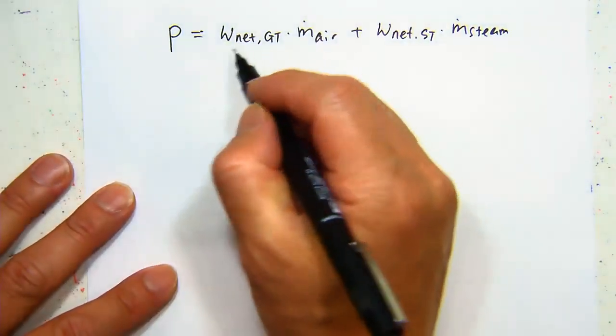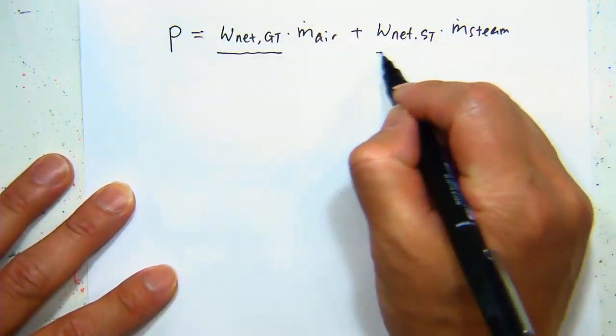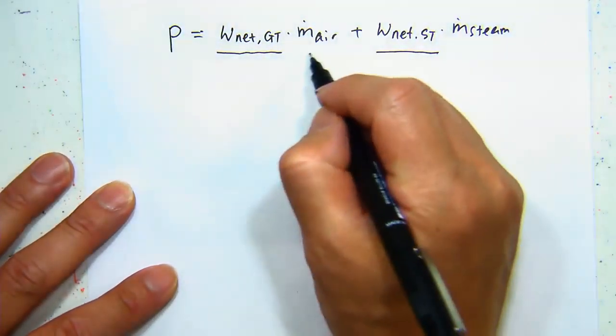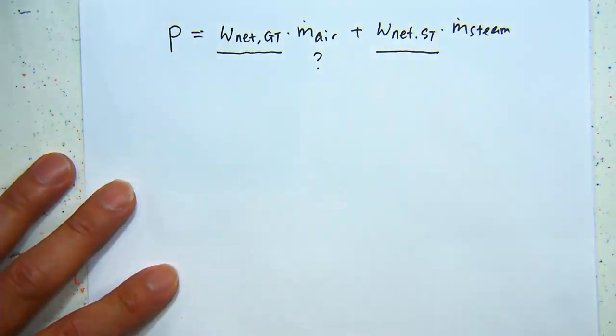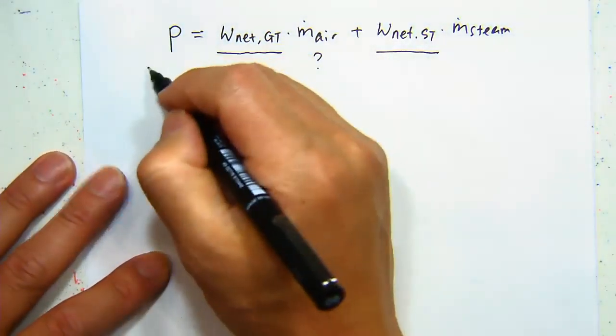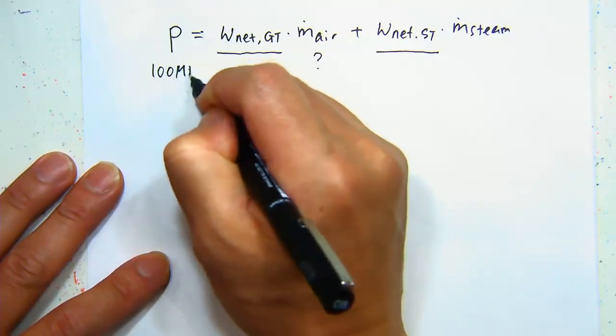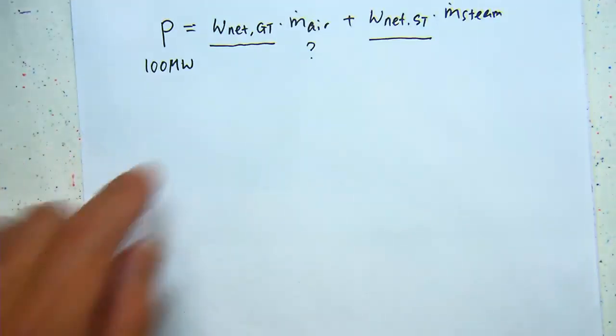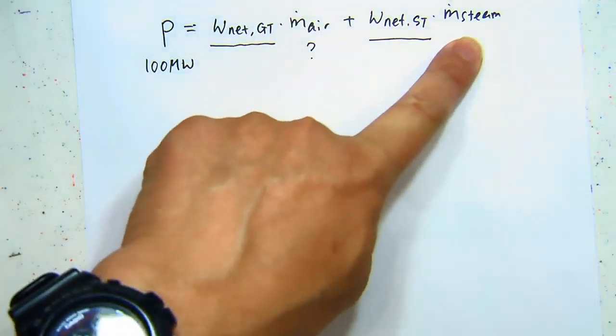Right? So we figured this, and this is what the problem is asking. And this one is known, it is 100 megawatts. So we figure out this, but we don't know this.